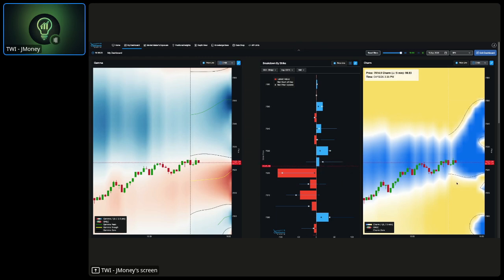You can't really see acceleration to the downside until this 7,018 or so area fails. And you can't see continuation to the upside unless you clear 7,027, like we talked about, that gamma flip line. So your upside thesis into the close would be clear 7,027 to 30, and you could see a spike higher into the close.